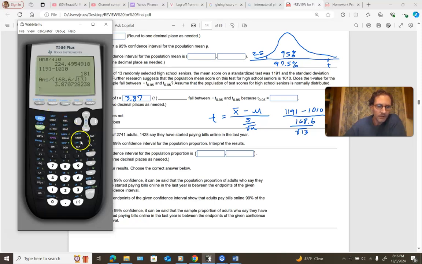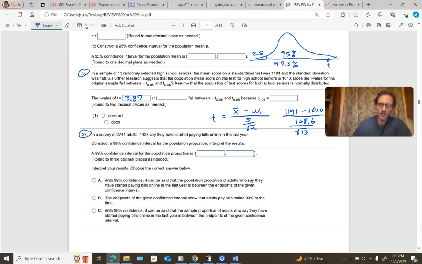All right, so let's come over here and get it. The inverse t, so 97.5 or 0.975. And then the number of degrees of freedom is 13 for this one. So this will give us that critical t. So let's see, to 2 decimal places, this one is 2.16.